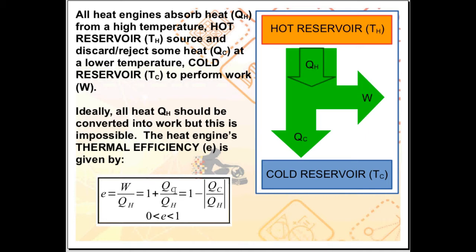Or knowing that QC is negative and QH is positive, this is basically equal to 1 minus the absolute value of QC over QH. E is equal to energy divided by energy, so the units cancel out. E is a unitless quantity, and typically E ranges from 0 to 1. So E is greater than 0 but less than 1.